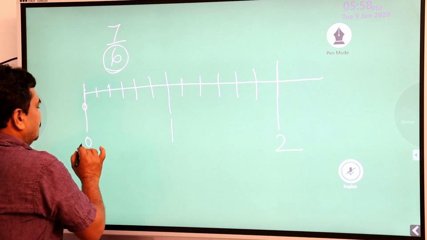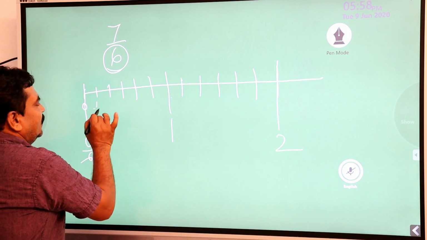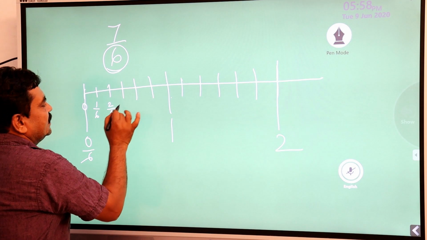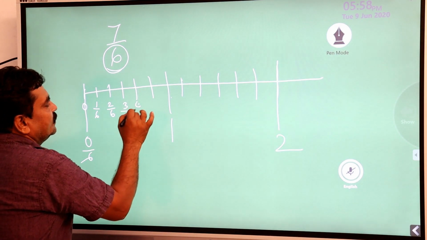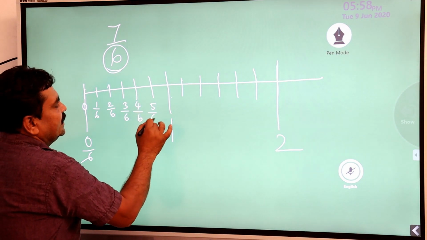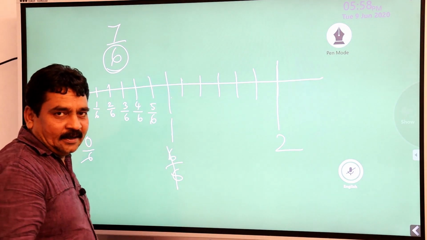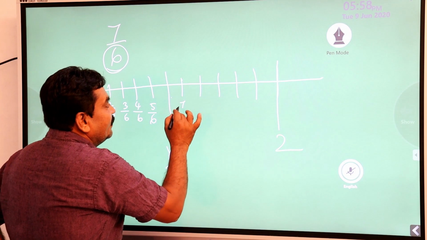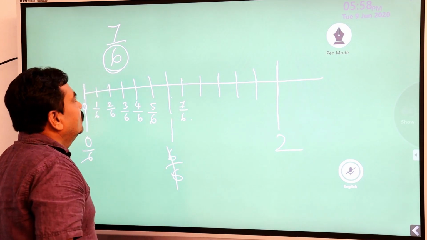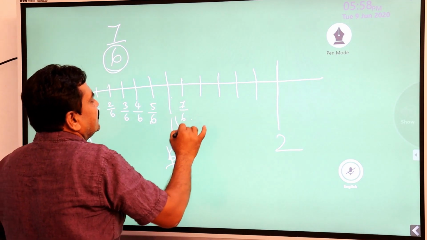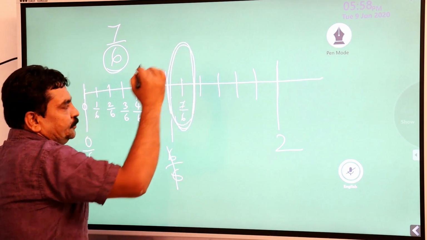Let's see. This is 0 by 6. This is 1 by 6, this is 2 by 6, this is 3 by 6, this is 4 by 6, this is 5 by 6, this is 6 by 6, which is 1 already. Then this is 7 by 6. So 7 by 6 is this, you circle this.